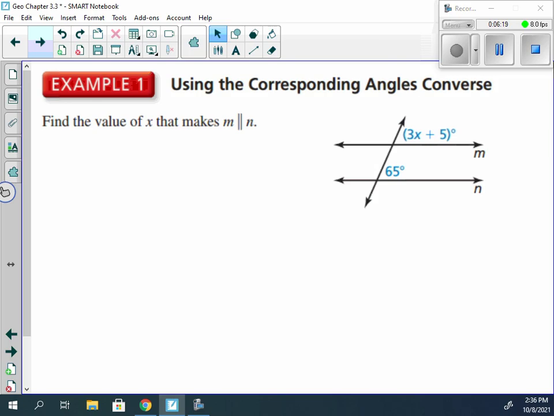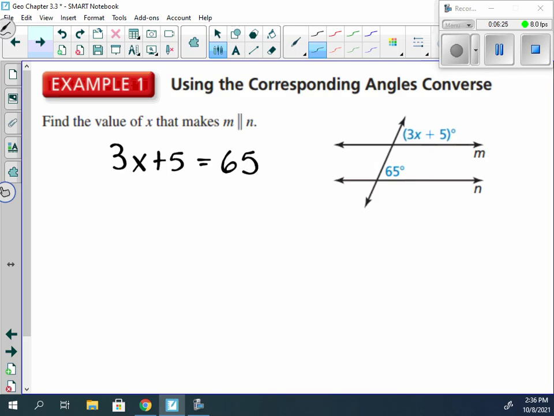So really all I need to do is show that 3x plus 5 is equal to 65, because if that value of x holds true, that these are equal, then the lines will be parallel. So now we just need to solve for the value of x. Subtract 5 from both sides.